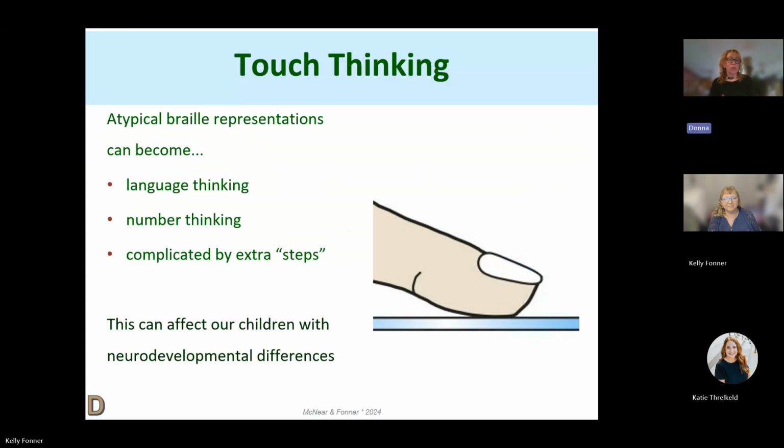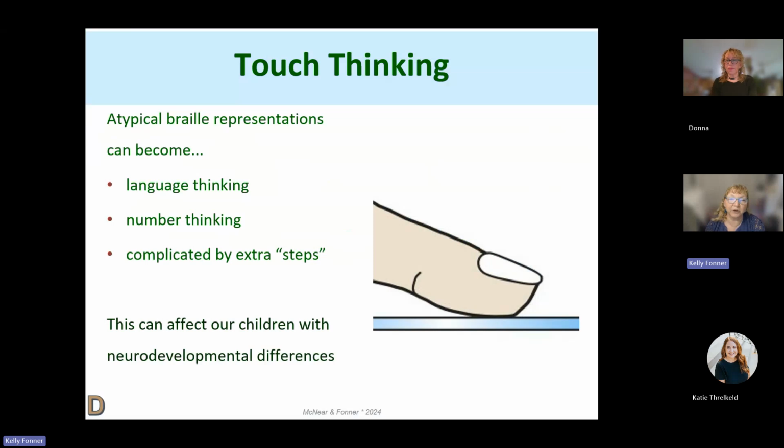I will show you some examples in the next slide, but this can affect our children with neurodevelopmental differences. So we may think we're making learning easier, but in reality, we can be complicating their learning if we do not use typical Braille representations.